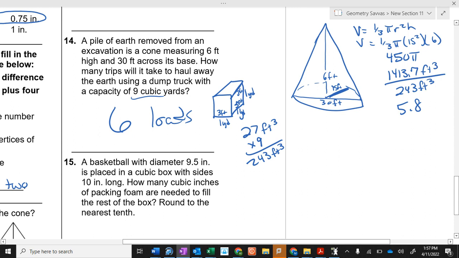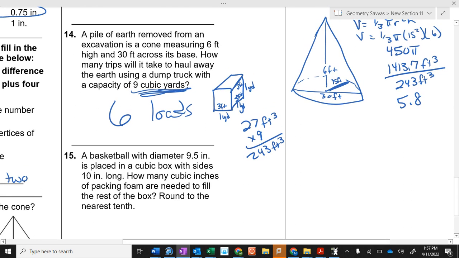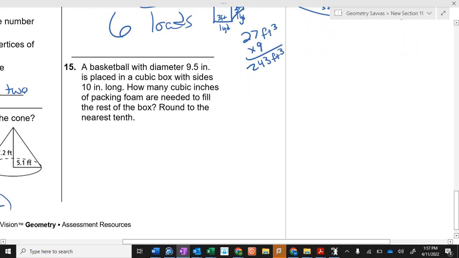And the thing that'll throw you off is the cubic yards. If you don't notice that, then you would have something like, yeah, more than that even. So hopefully you get how to turn cubic yards into cubic feet there.